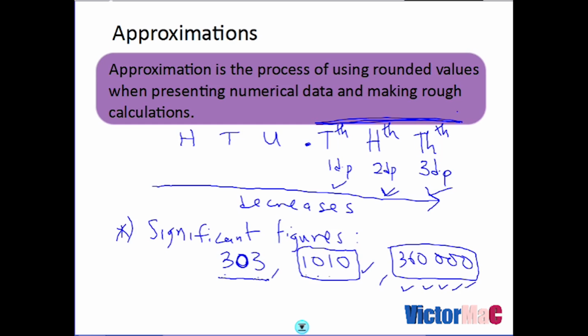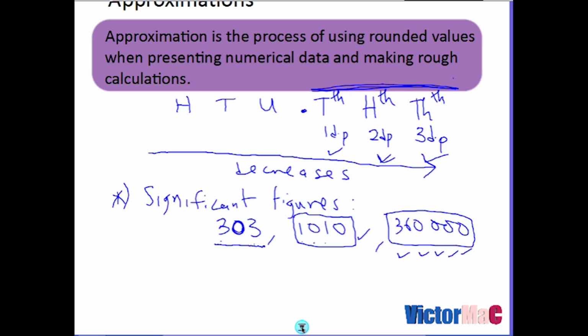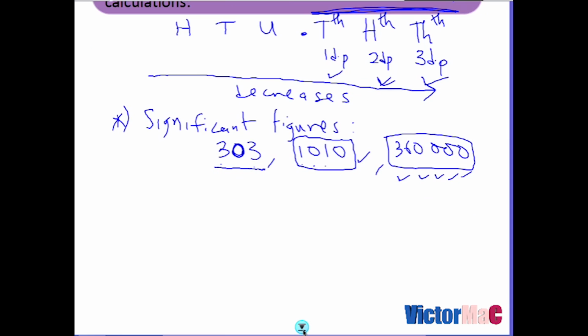Now we have 2 types of approximation or rounding off. Alright, and the last one I want to mention before I move on to types of rounding off is approximation to the nearest whole number, or to the nearest 10, 100.